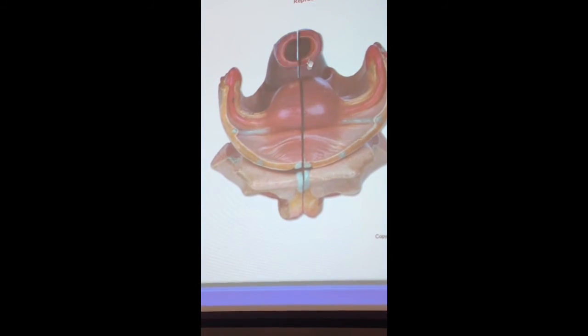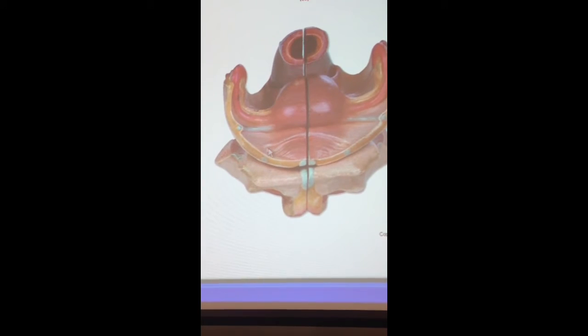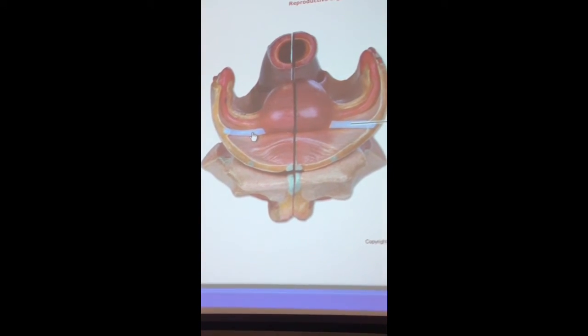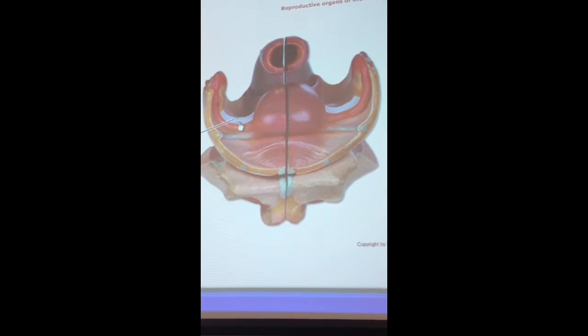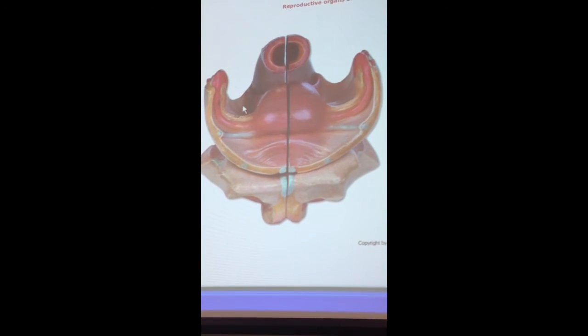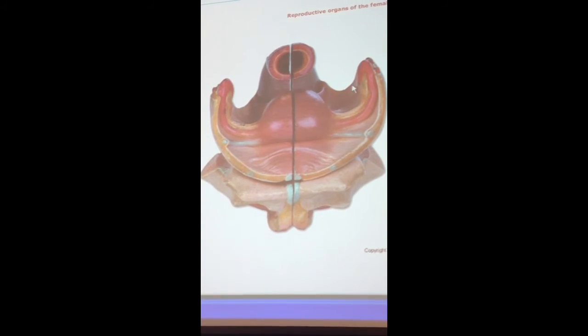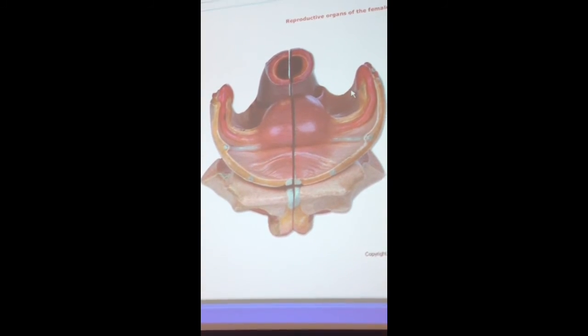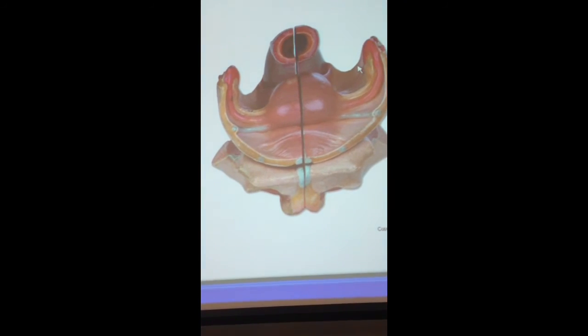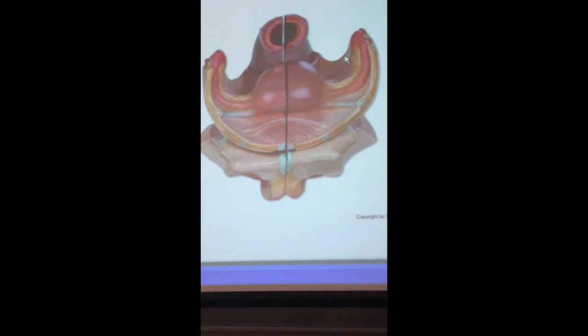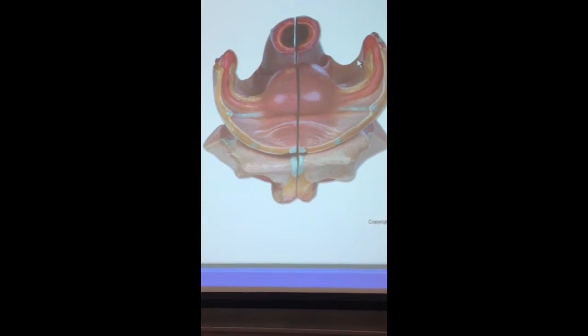This is the sigmoid colon. Round ligament, you can see it. Ovarian ligament, you can see it. Broad ligament, right here. These are all broad ligament. It's called broad because from the lateral aspects of the uterus, it connects to the abdominal wall, these sides, so the uterus doesn't fall.